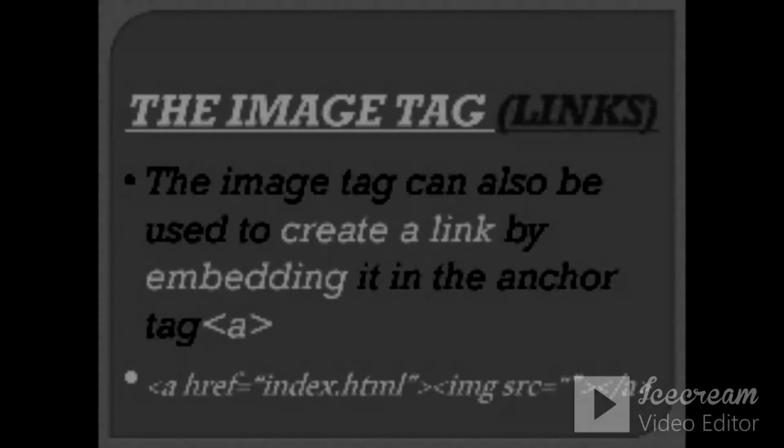So to create a link with the image tag, you have to embed your image tag in the link tag, in the anchor tag. So the image tag can also be used to create a link by embedding it in the anchor tag. So the image tag has to be inside the anchor tag, then it's going to be shown as a link in the web browser.